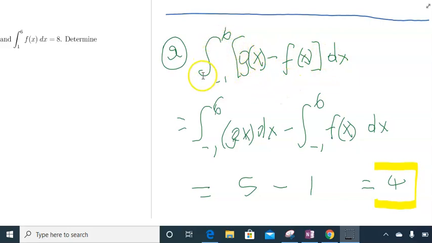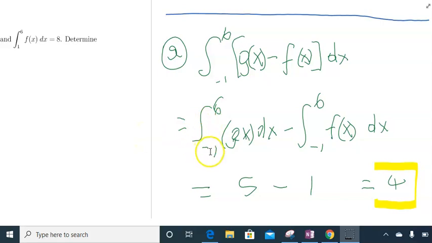So if you have the integral from -1 to 6 of g of x minus f of x dx, we can rewrite that as the integral from -1 to 6 of g of x dx minus the integral from -1 to 6 of f of x dx. And then we can look for the numbers that we had.